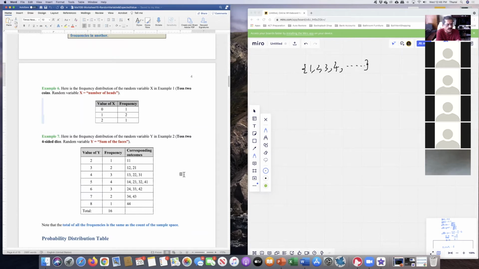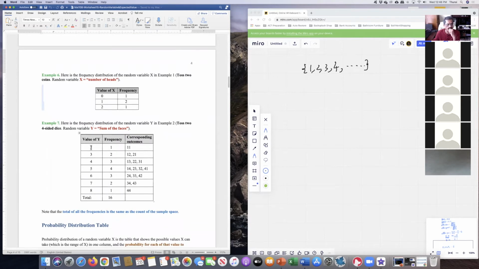Tossing a four-sided die. That was example 2, being repeated here. If you toss two four-sided dice, and the random variable represents the sum of the faces, then I'm listing all those outcomes and the values. The outcome 1,1 gives you value 2 for the random variable.